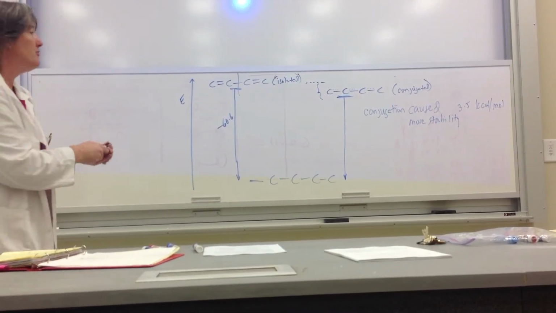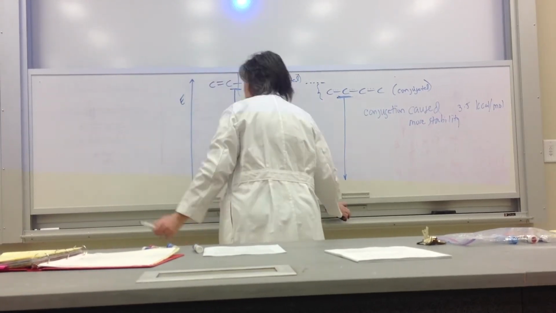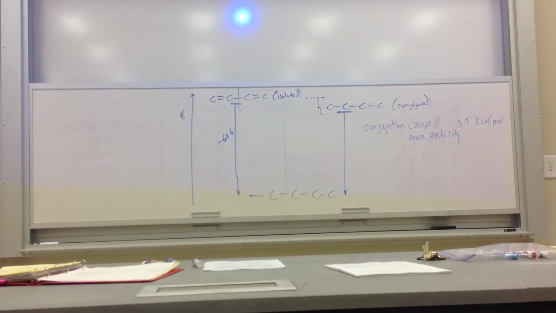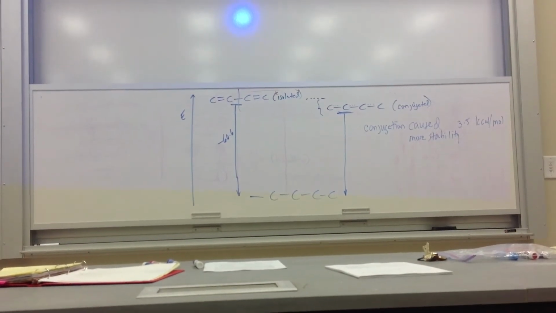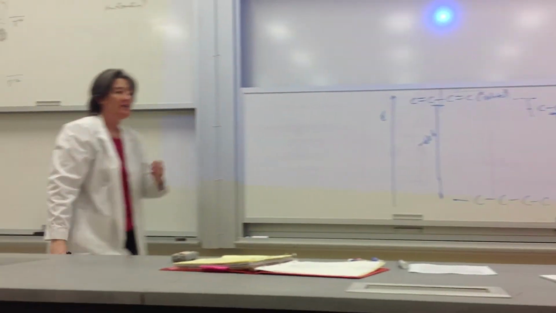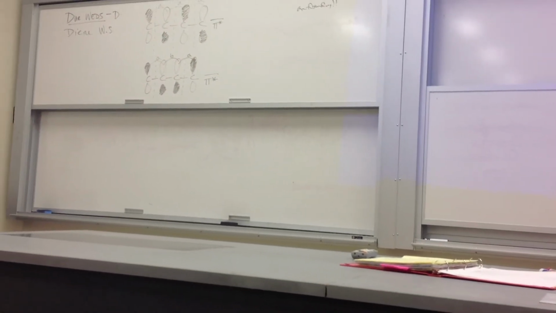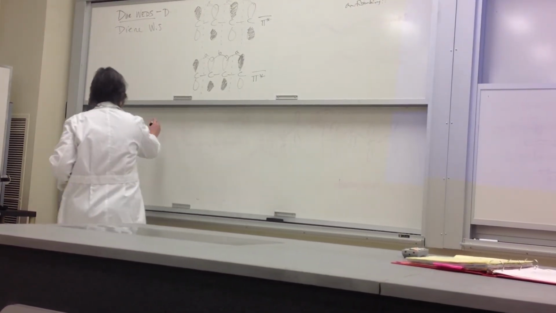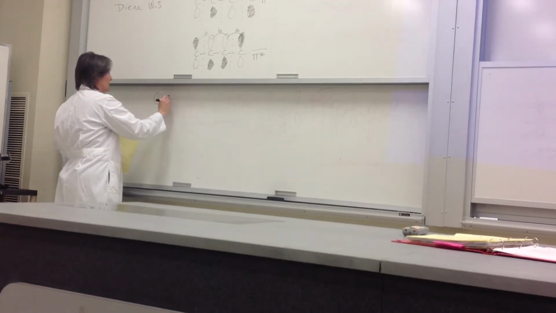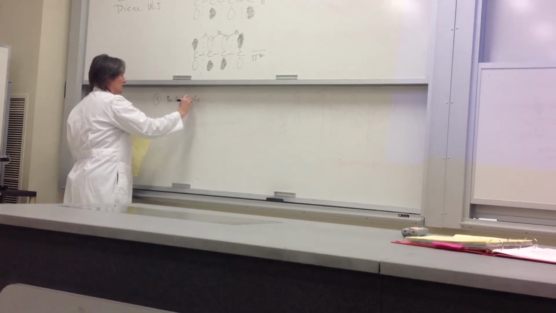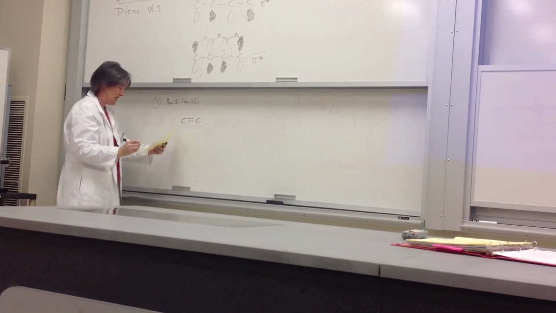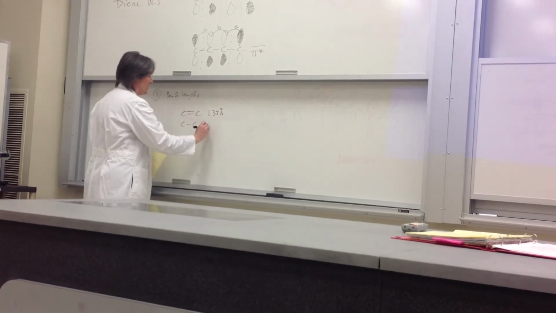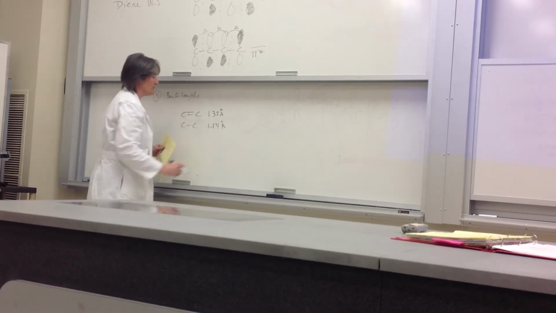All right, the fourth thing. Then we're actually going to start some chemistry. This one is bond lengths. When you measure the bond lengths, you also see the fact that something's going on there in the middle. In terms of bond lengths, a double bond is 1.33 angstroms. A single bond is 1.54 angstroms.